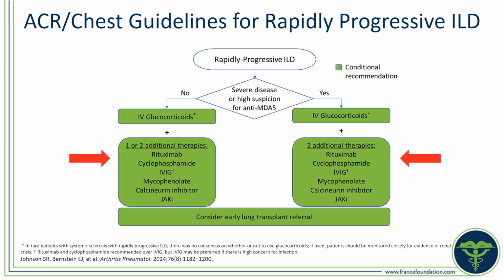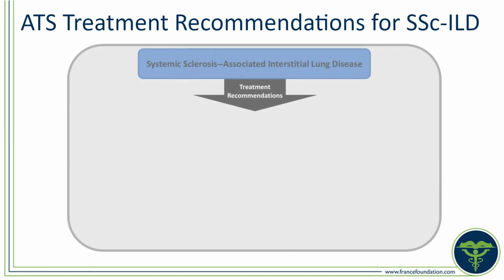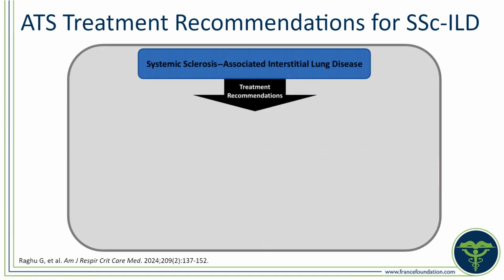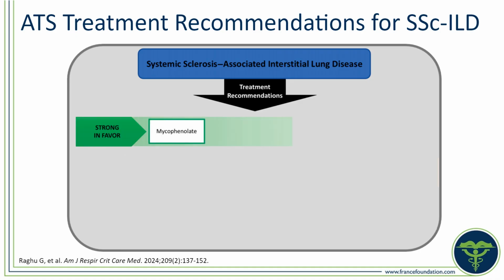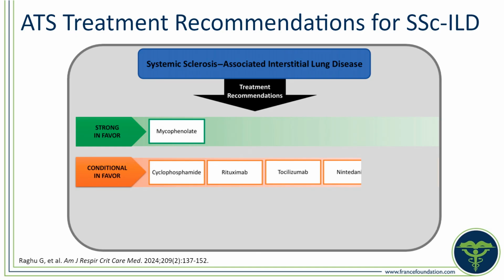for infection. I also want to briefly mention the ATS, American Thoracic Society, treatment recommendations for systemic sclerosis ILD. There's a strong rationale for mycophenolate, as I've already mentioned, for systemic sclerosis ILD. And the ATS treatment recommendations conditionally favor cyclophosphamide, rituximab, tocilizumab, nintedanib, or nintedanib plus mycophenolate as next-line treatments.